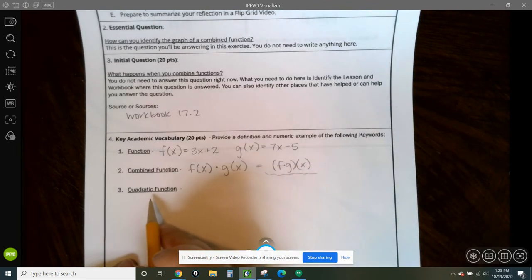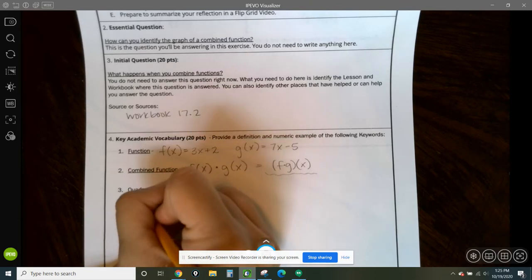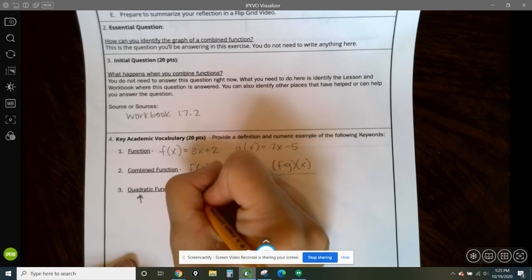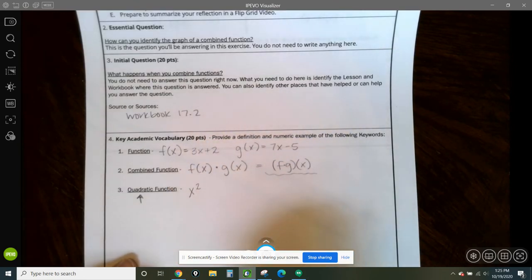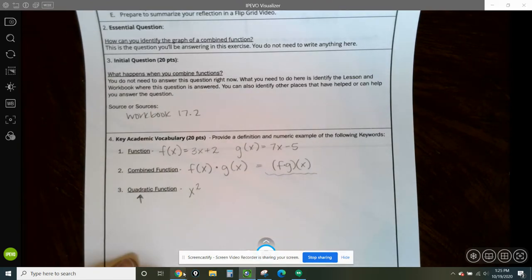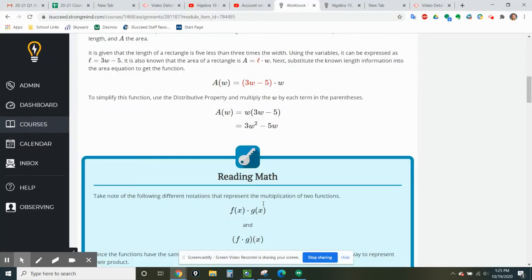And our other word here, quadratic function. You've been working with quadratics in the last few lessons. Quadratic means that you're going to have an x squared in your function. You can scroll through this lesson right here and you'll see all sorts of quadratics.